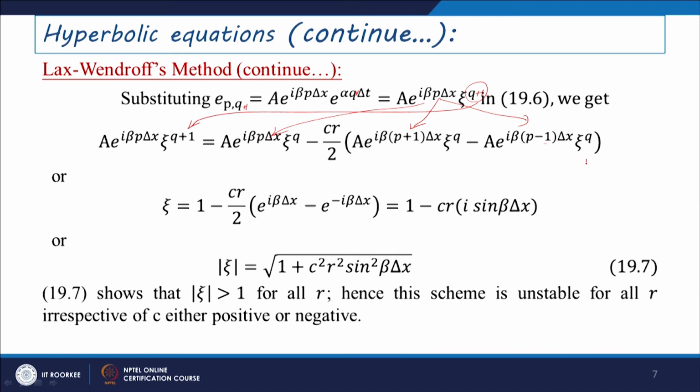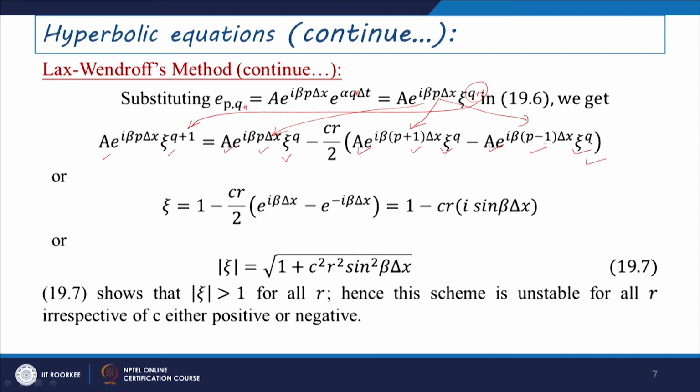And if you cancel these terms, if you just see here, a is common in each of these terms here, and e to the power i beta p delta x is also common in each of these terms here. And then zeta to the power q is also common to each of these terms here.